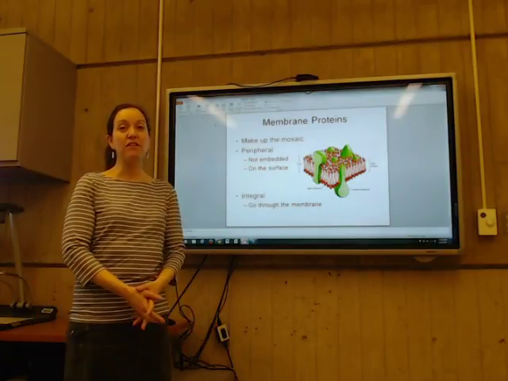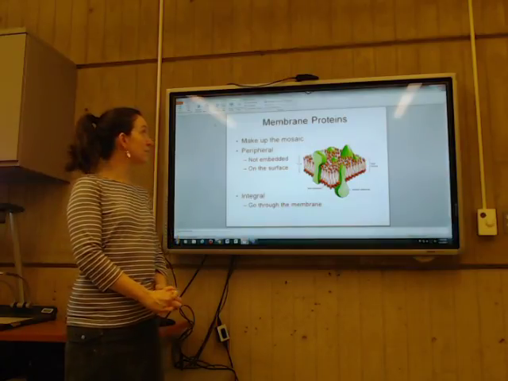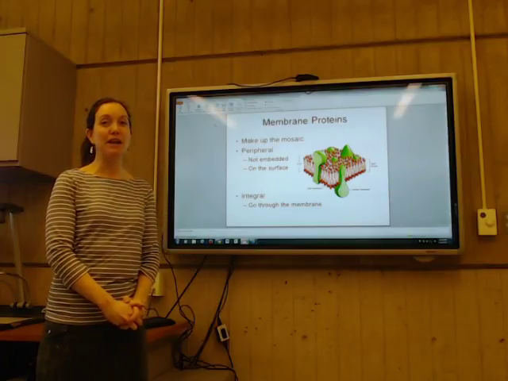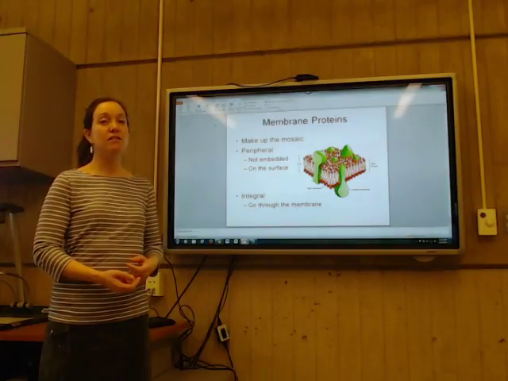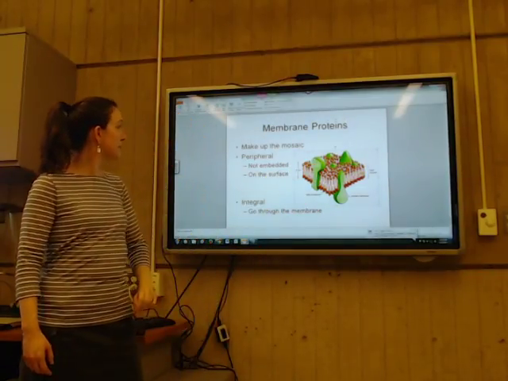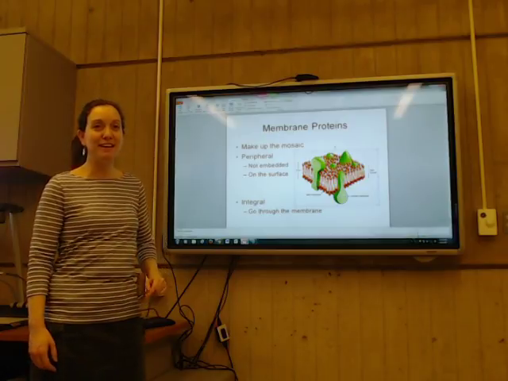The proteins, as you saw in the first slide, are very important to the cell in the plasma membrane. They're throughout the plasma membrane, and there are different types of membrane proteins. Some of the proteins go throughout the plasma membrane. These are called integral proteins.